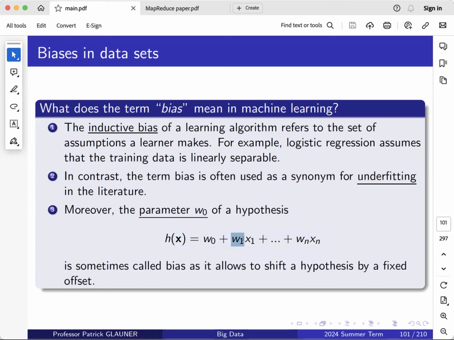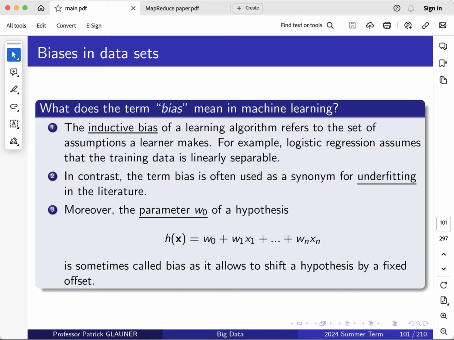We say, well, weight 1 times x1 plus weight 2 times x2 plus weight n times xn, plus we need our shift or y-intercept, which we call W0. And this parameter W0, which is the shift or y-intercept, is sometimes also called bias in the literature.